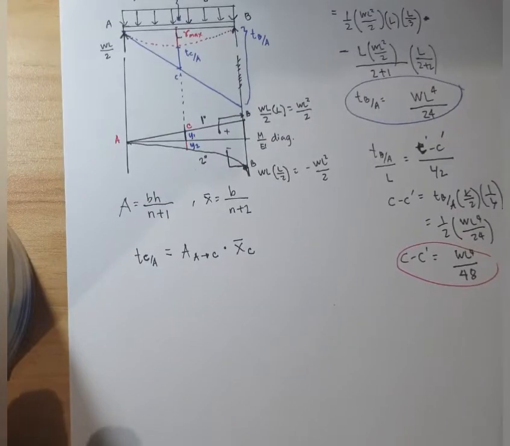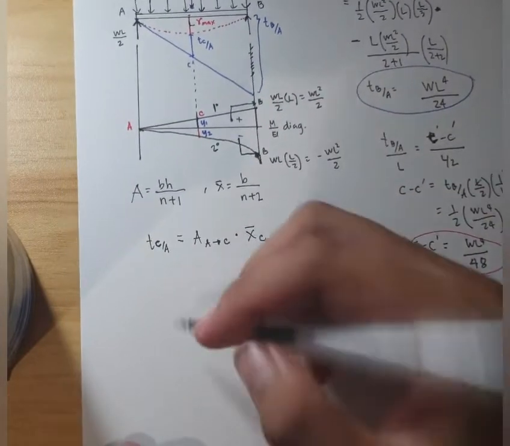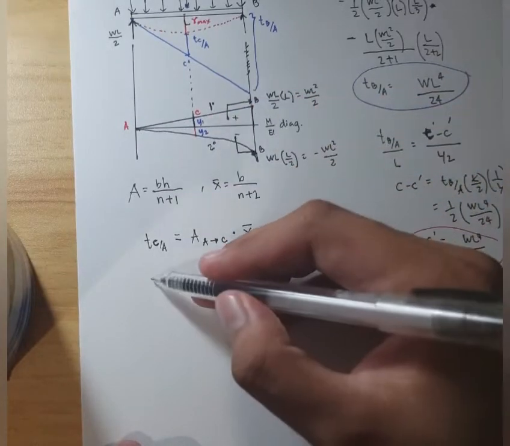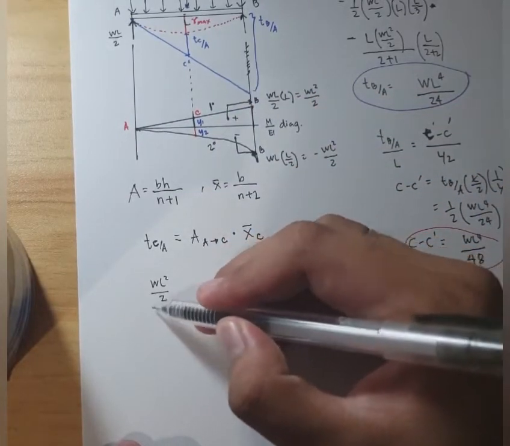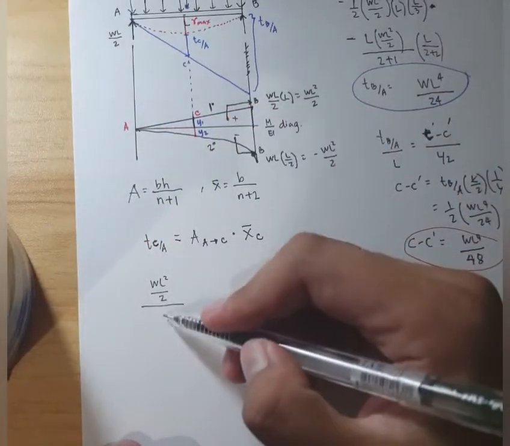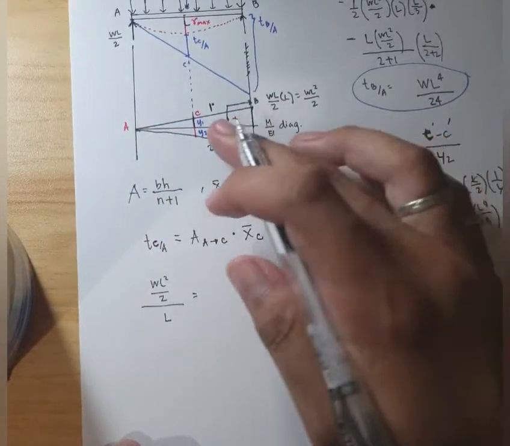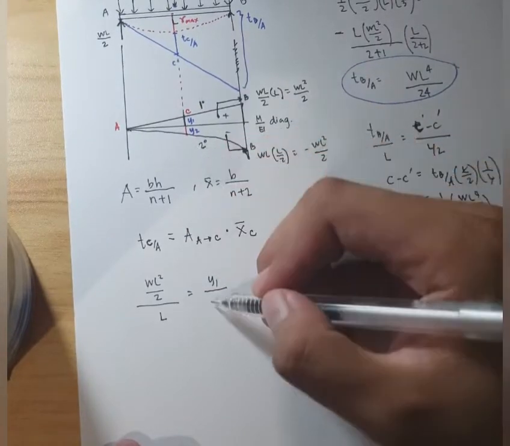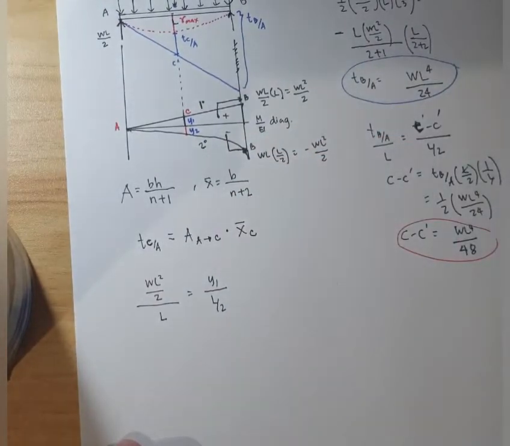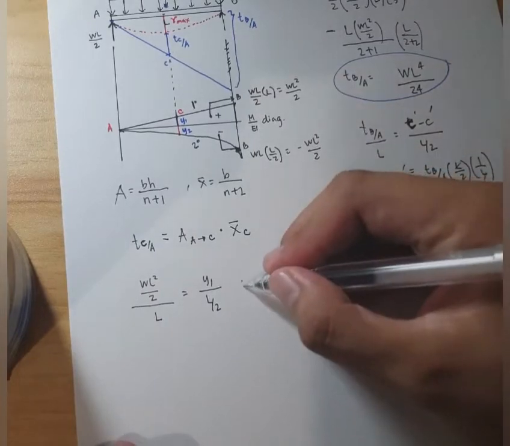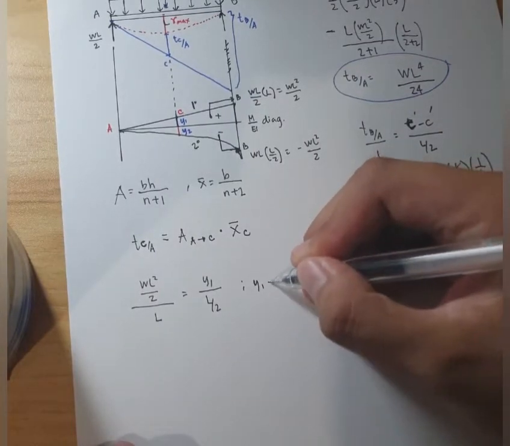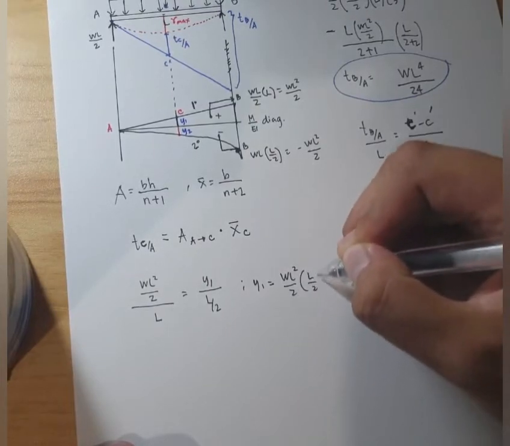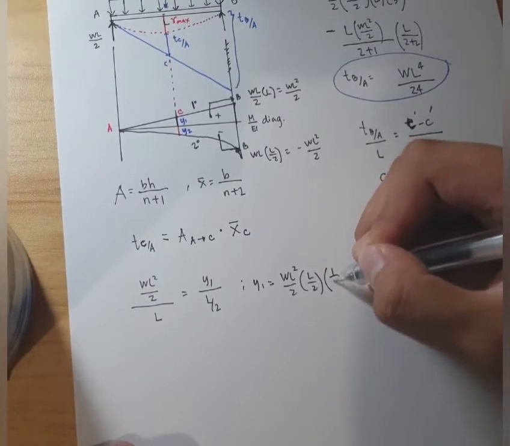If you have a larger triangle which is WL squared over 2 is to L, you have a smaller triangle which is y1 is to L over 2. Thus, y1 is equal to WL squared over 2 times L over 2 times 1 over L.